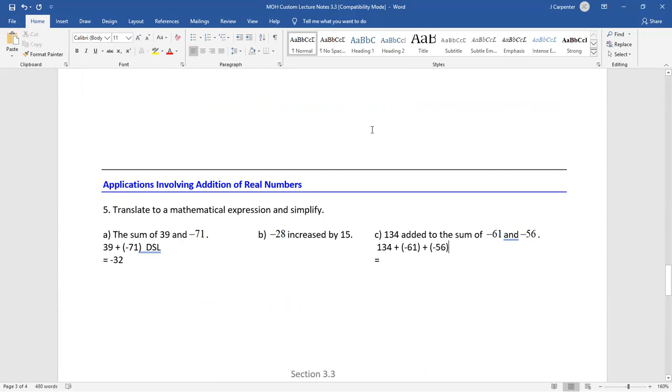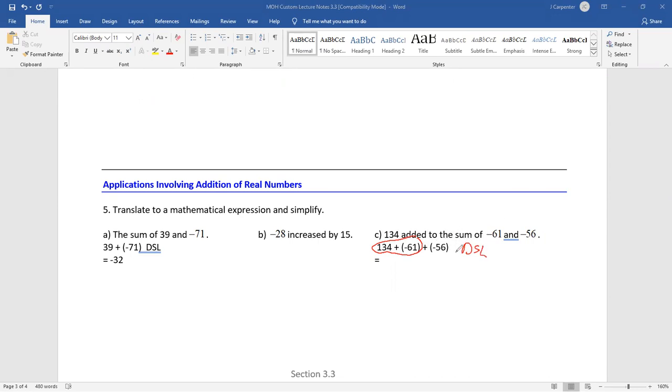So I'm only going to focus on the first pair of numbers, the 134 and the negative 61 being added. Those have opposite signs or different signs. Again, opposite and different mean the same thing. Different signs, so subtract and keep the sign of the larger.